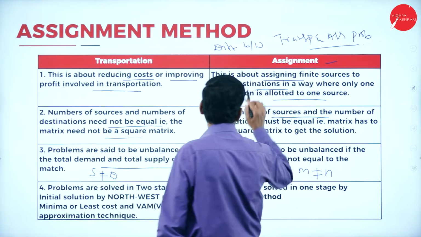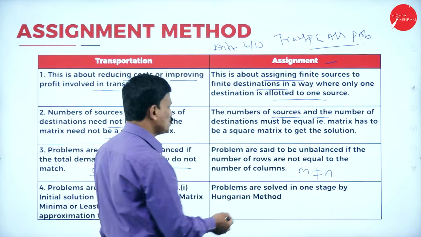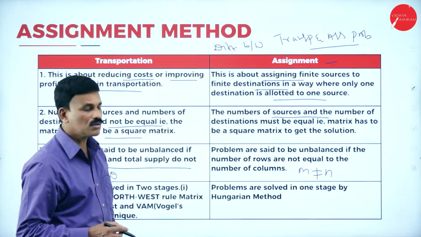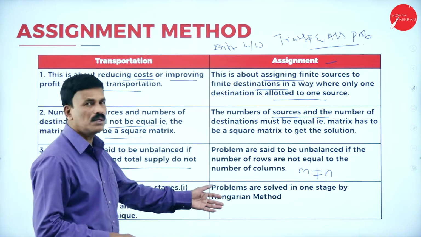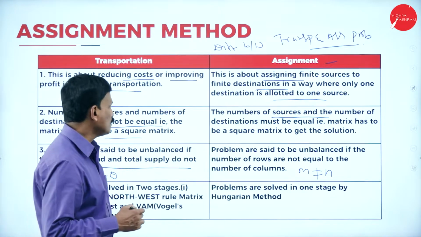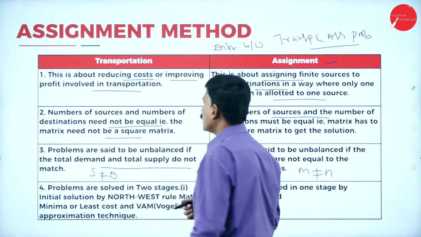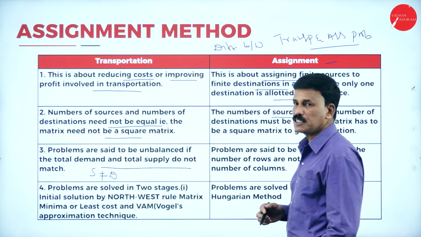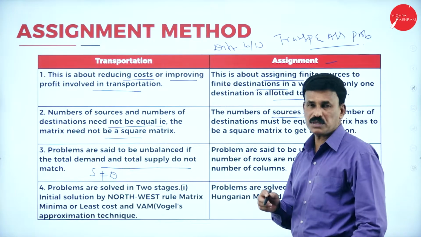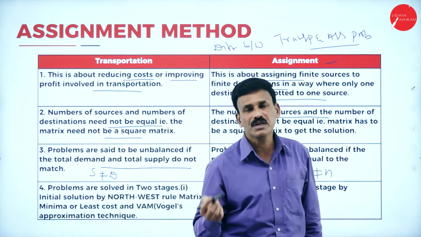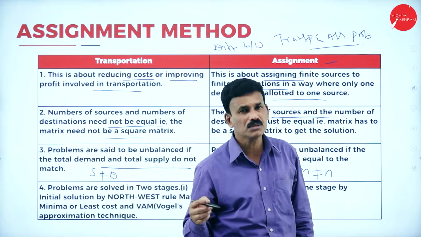Whereas in assignment problems, we are going to use only one method, that is called the Hungarian method. These are the differences between the transportation and assignment problems, and you may expect this question for 5 marks.